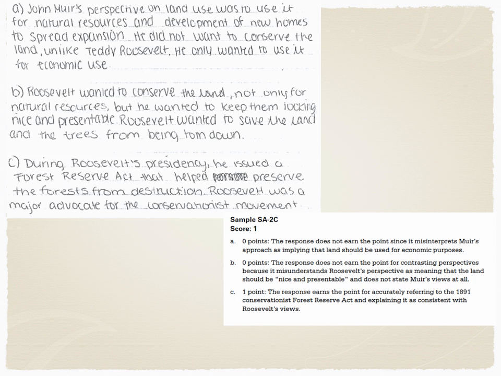And then for Part C, the student did earn a point by using the Forest Reserve Act as evidence. So in this response, we can see how sometimes even if the student is unable to achieve the first two points to show the difference and to actually explain the viewpoints, the student can still achieve one point on the last part with specific factual information.